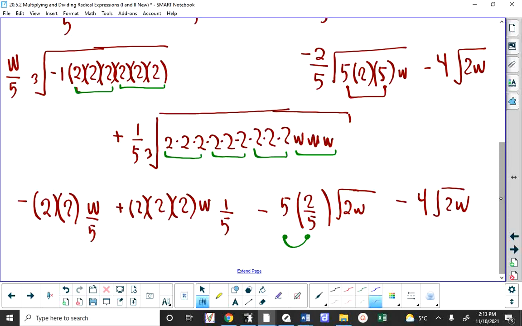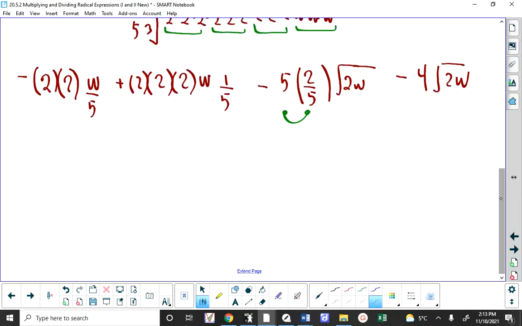Let's start packing this stuff together again. This is negative 4/5 W. I'm just multiplying across the top, and I'm multiplying across the bottom.